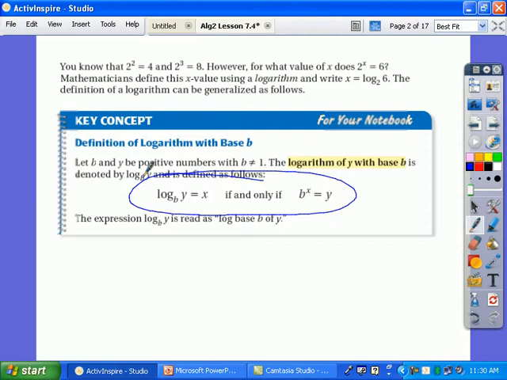A logarithm is just another way to rewrite an exponent, a power. So the logarithm doesn't imply that we do any math. It's not like 2 log 2 is 4 or anything. It's not an operation. It's a notation.